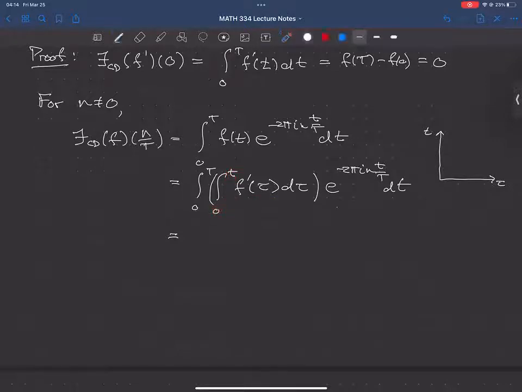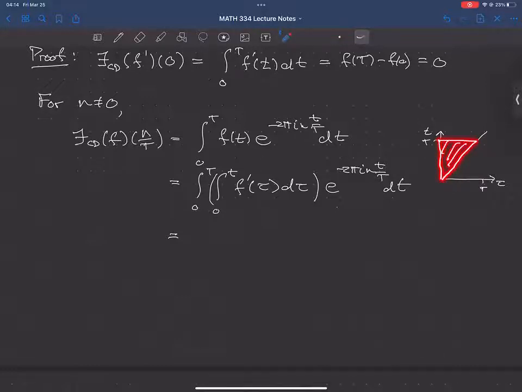So if this is the line t equals tau, this integral is being done with t fixed, along horizontal lines like that. After I do the integral along these horizontal lines, I integrate along t from 0 to capital T. So the integral is over that region there.